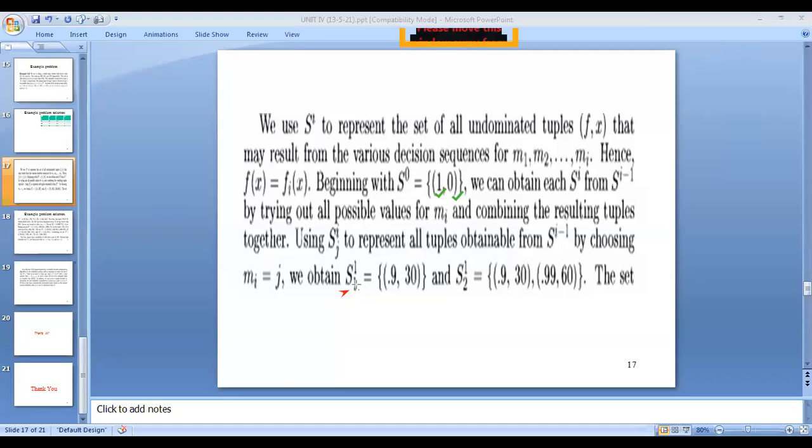One copy, S_1^1, is (0.93, 30). S_2^1 is (0.99, 60).